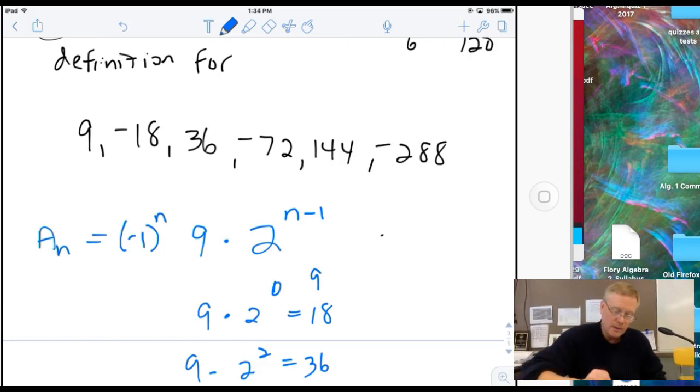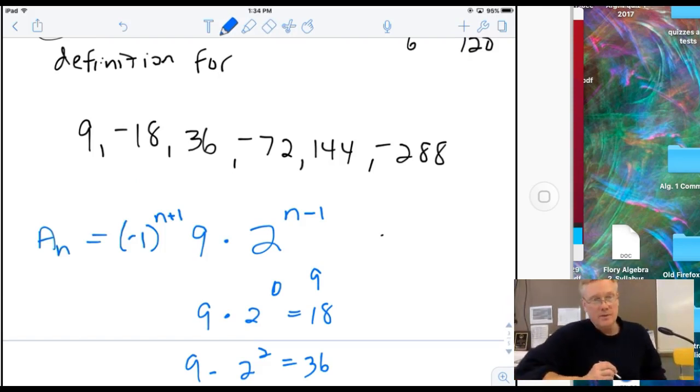Suppose I put n, that will make the first one negative. So I'm actually going to go n plus 1. And if I plug in 1 now, I get -1 squared is positive 1. -1 to the third power will give me the second one, which will be negative. And that's what I get.